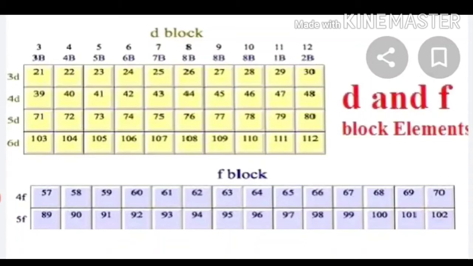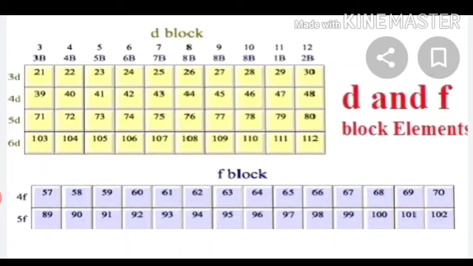Now third transition series, or we can say 5d series. Okay, so the 5d transition series starts from lanthanum, atomic number 57, and ends at mercury, atomic number 80. In this series there are another 14 elements after lanthanum, that is elements with atomic number 58 to 71, which are not transition elements.